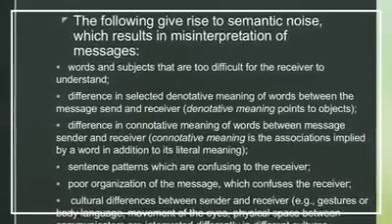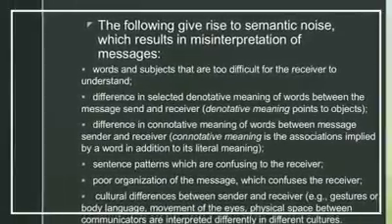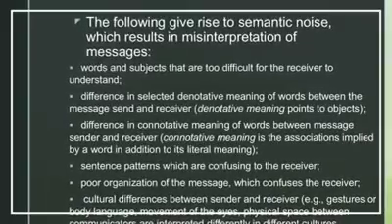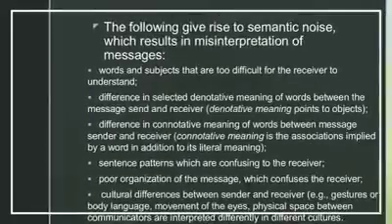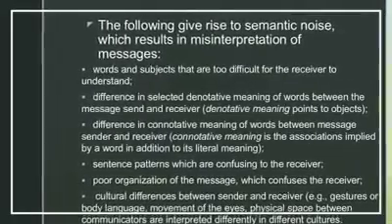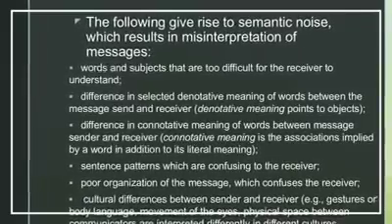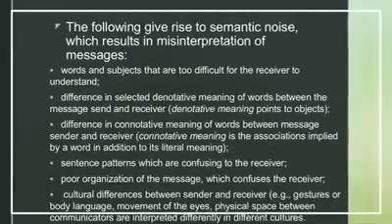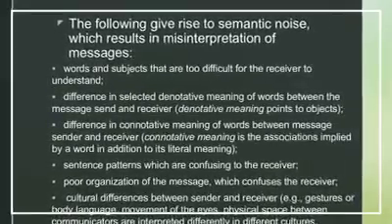Fourth, sentence patterns which are confusing to the receiver. Fifth, poor organization of the message, which confuses the receiver. And sixth, cultural differences between sender and receiver. For example, gestures or body language, movement of the eyes, and physical space between communicators are interpreted differently in different cultures.